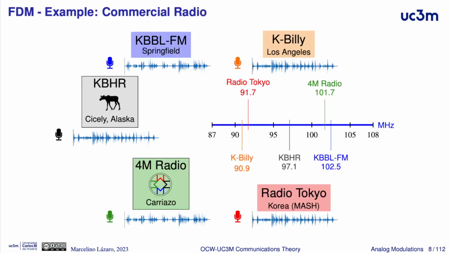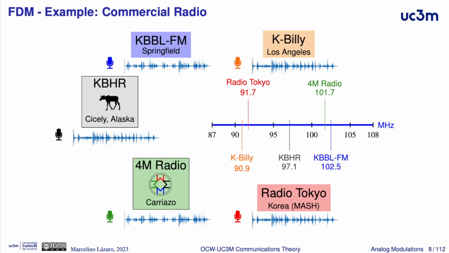A classic example of the application of FDM is commercial radio. Several radio stations can transmit at the same time if they shift the spectrum of the transmitted signal to different non-overlapping frequency bands. Each radio station has an assigned frequency band, and when the user wants to listen to a specific radio station, he only needs to tune the radio to this frequency band.